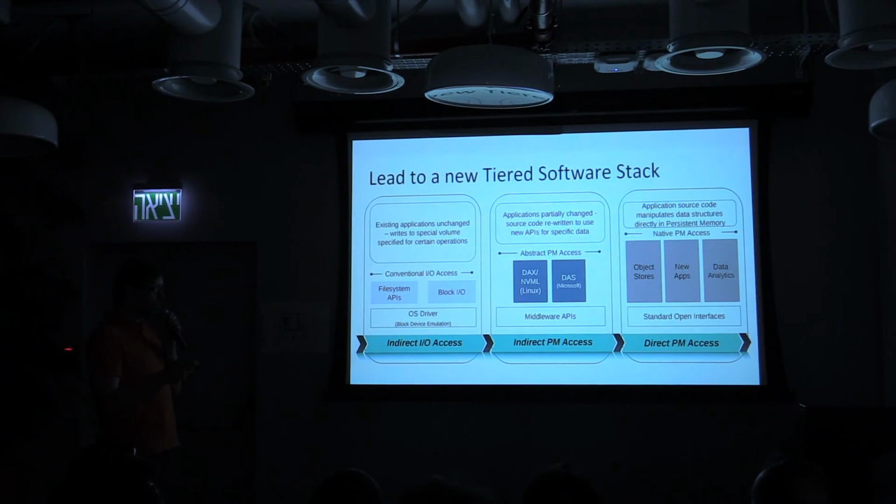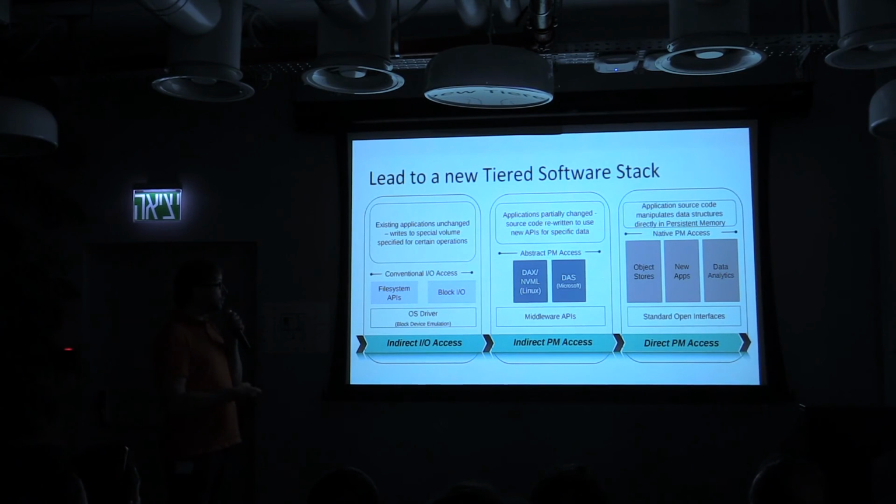And that's why a new tiered software stack and device driver started appearing in the Linux stack. What's going to happen more and more is we have the indirect I/O access, which is basically existing applications that just access and behave normally and leverage the underlying new NVM system.